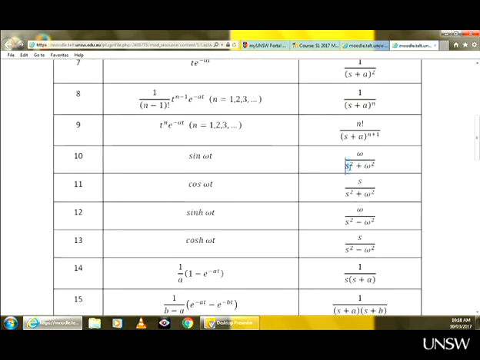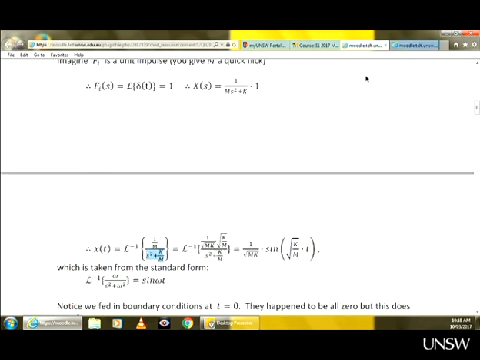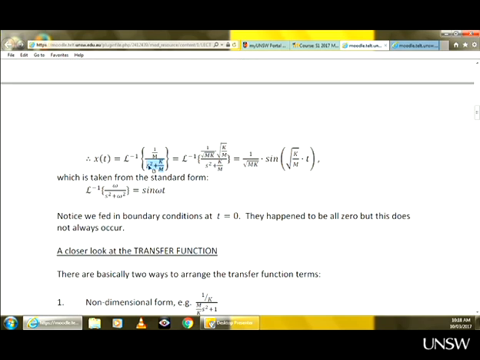Now we want to adjust these coefficients according to what we have in the tables. So omega n squared in our case is k over m. So here we want to have square root of k over m. Since we don't have that, we create it first, square root of k over m. But then to make it the same as what we have over here, we have to divide by square root of mk.